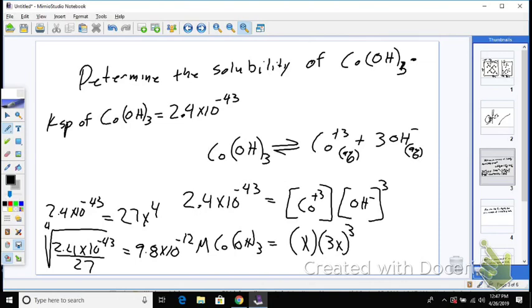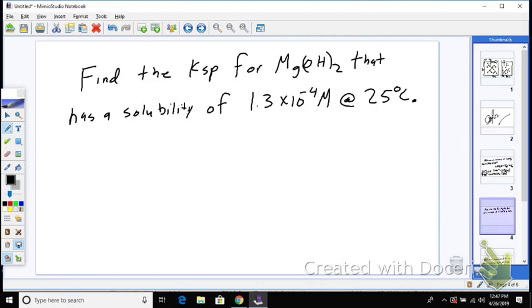So then the next one is kind of the reverse of this. The next one's saying, here's the solubility, what's the Ksp? So what is this? The solubility, but what else does it equal in your equation?